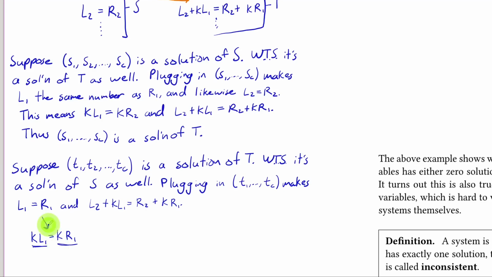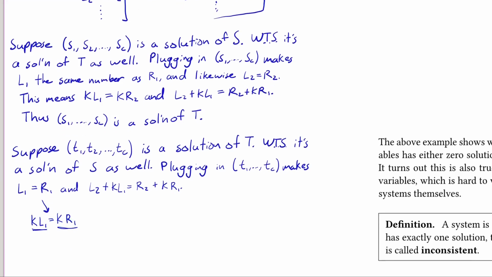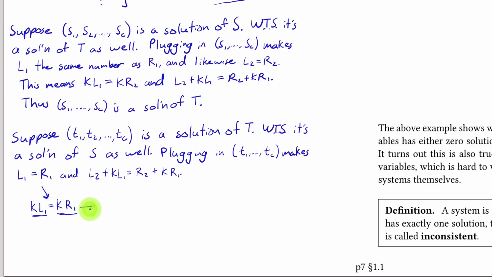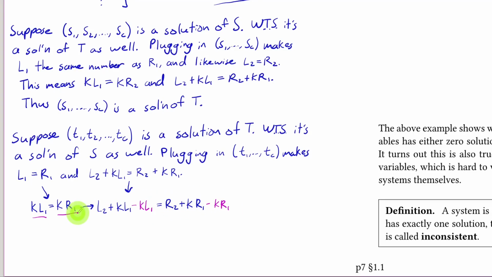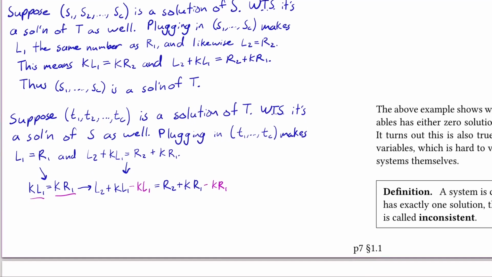And so then we can subtract that same number from both sides of this equation here. And doing that, again, these two numbers are equal to each other in that second equation, and we're just subtracting the same number from both of those numbers, so the results will still be equal.